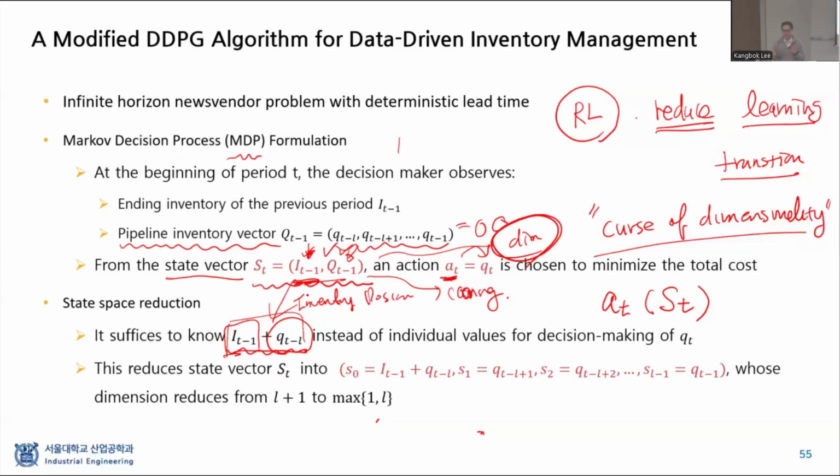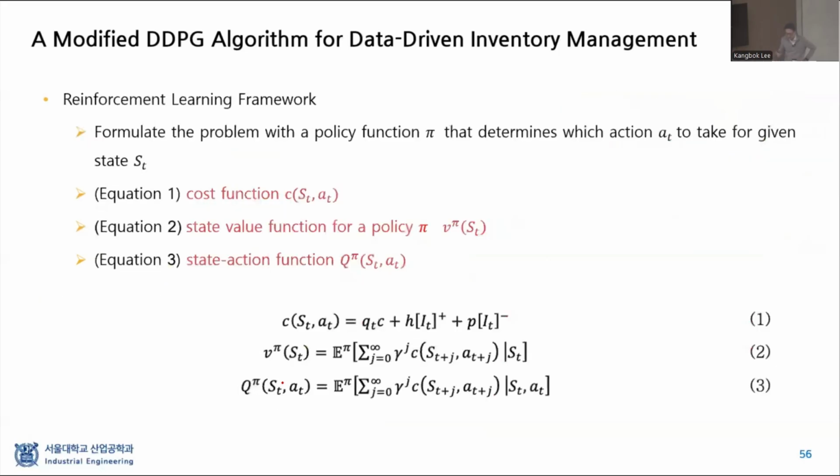Then it's good for learning all those policies. So the state vector reduces significantly by using this inventory related domain knowledge. So that's one technique, and there's going to be another technique in our calculation.